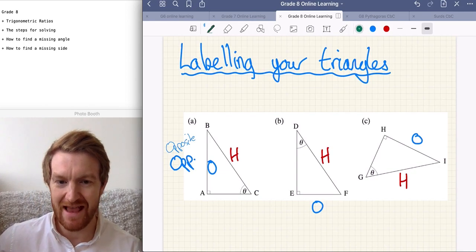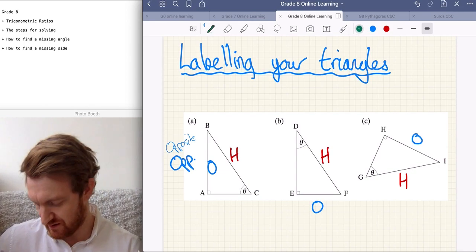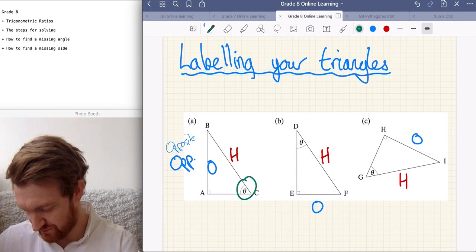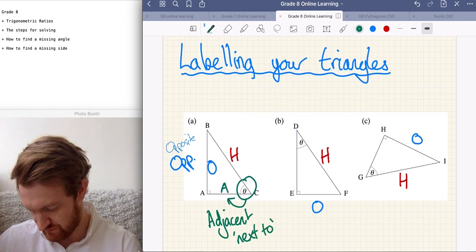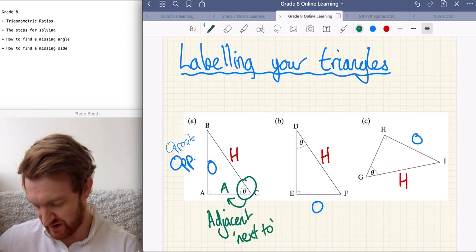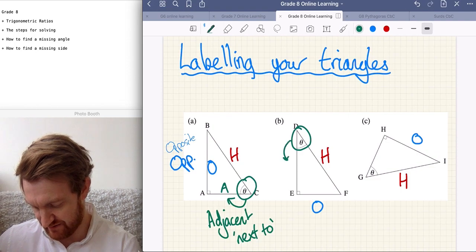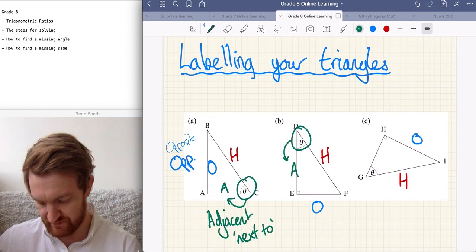We're looking for the A for adjacent next. We can see we've got an angle here, and next to the angle is the adjacent. Remember, adjacent means like next to. Similarly, we've got the angle here, and next to that is the adjacent.